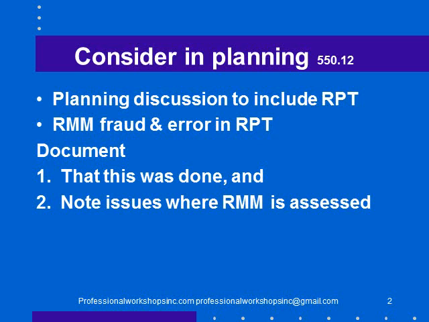Second thing is 330 and 315 have requirements for linkage of work done to risks assessed and vice versa. So much better that it all be documented in one place, and then we make sure that after we have documented it, that we satisfy the requirements of 315 and 330. So it's very important, I think, to do it all in one place. At least that's my preference.